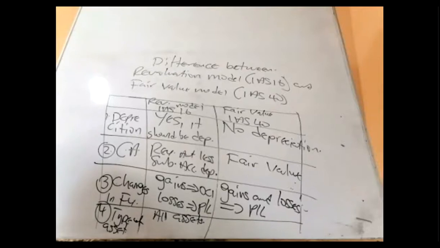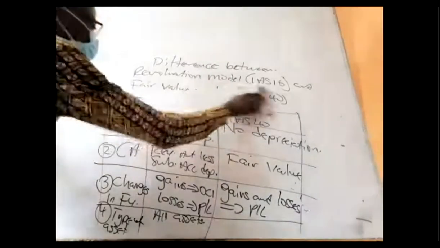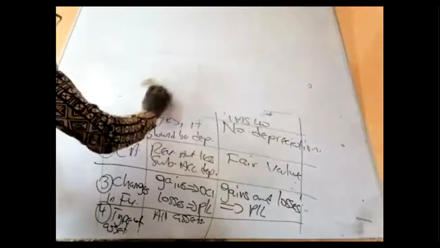Okay, so look at our first illustration, an IAS example on the board. Let's take this nice illustration.